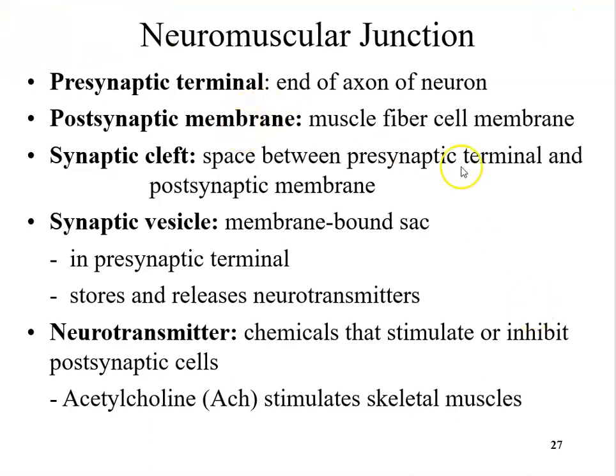The postsynaptic membrane is the muscle side of things. So it's that specific portion of the sarcolemma or cell membrane that interacts with the neuron. It looks different from the rest of the sarcolemma.